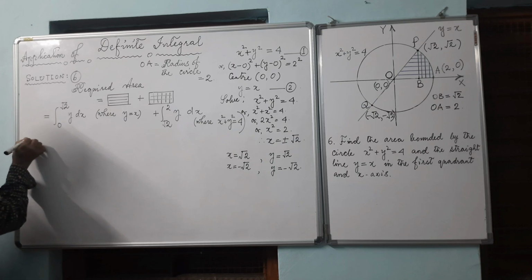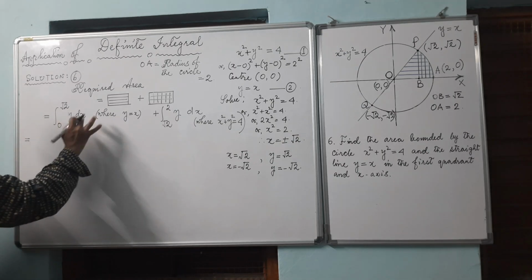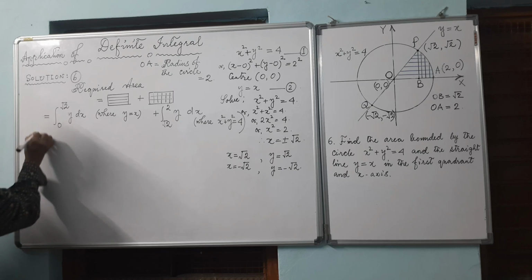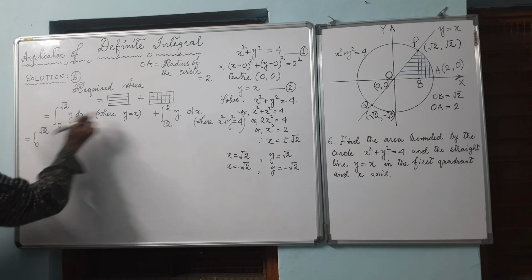Now the integration. First of all, substitute all the results. The integral from 0 to root 2 of y dx, plus the integral from root 2 to 2 of y dx.